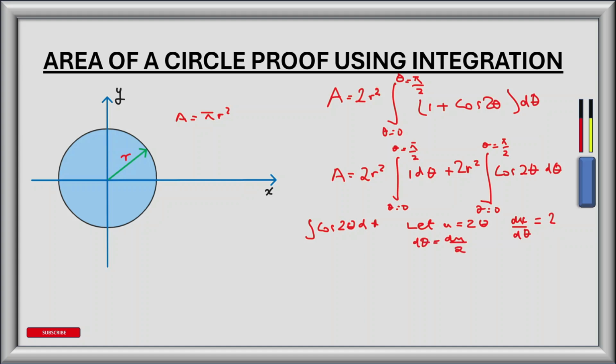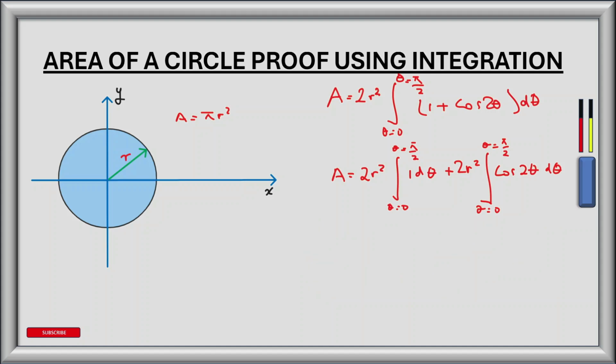If we substitute these values into our original integral, we have the integral of cos u, and d theta is du over 2. If we take the half outside the integral, we have a half du. So the integral of this is a half sine u plus c. If we substitute our u value back into this, it's a half sine 2 theta plus c.